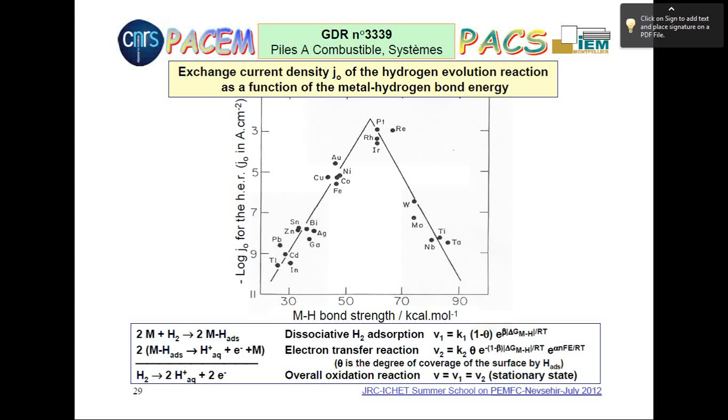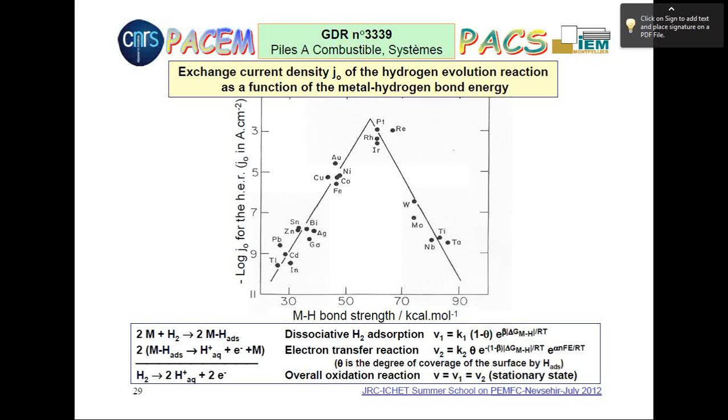You have the dissociative hydrogen adsorption, so interaction of hydrogen with the catalytic metal, and you give this adsorbed species, and you have the metal hydrogen bond strengths which arise here. And you have the electrochemical transfer between adsorbed species, giving proton, electron, and you liberate the metallic sites.